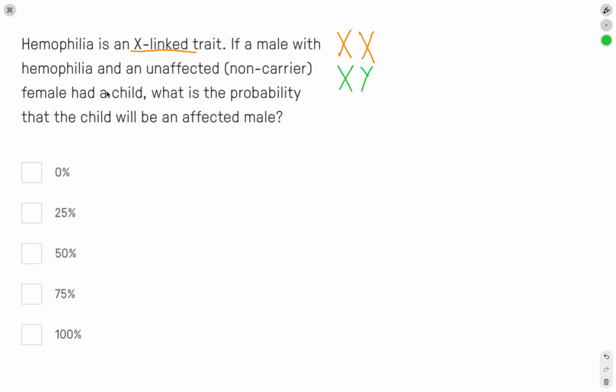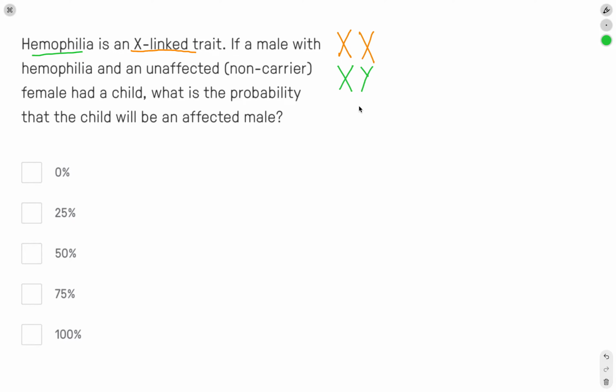for recessive genes, recessive alleles, like the one for hemophilia, you only need one copy of a recessive allele to express the trait. So in other genes, autosomal genes that are not on the X chromosome, like pea color or the height of a pea plant, you need two recessive alleles to show the trait, to express the phenotype, right?